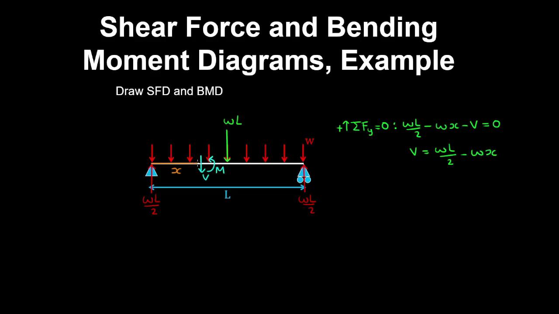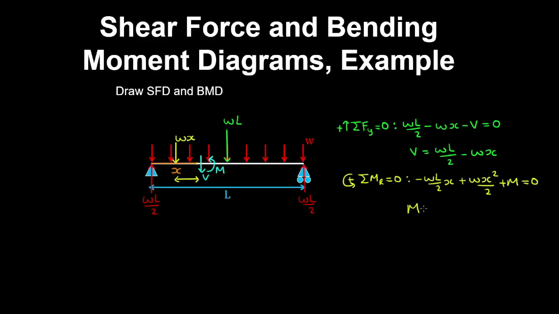Now taking an equilibrium of moments about the rightmost point of the section, with anti-clockwise being positive, we have minus WL/2 by the moment arm, which is a clockwise moment, and then plus Wx, which is the resultant of the uniformly distributed load acting in the middle of that cut section, by the moment arm, which is x/2, and plus M is equal to 0.